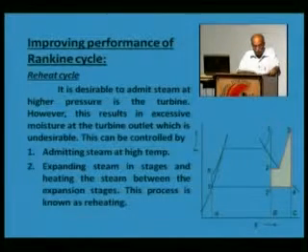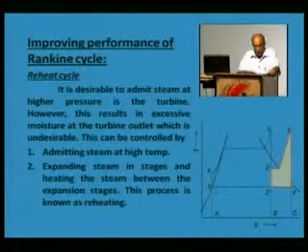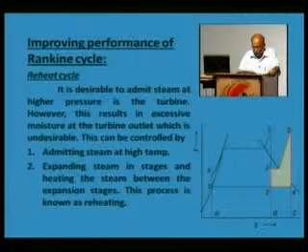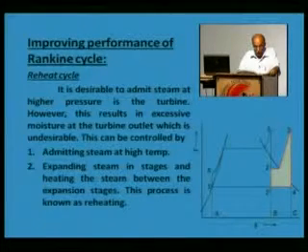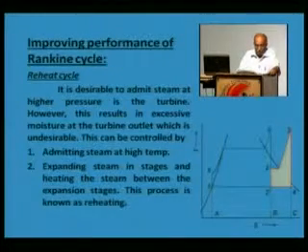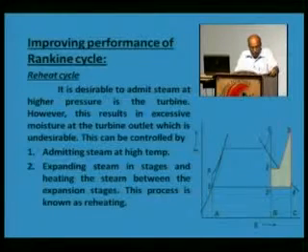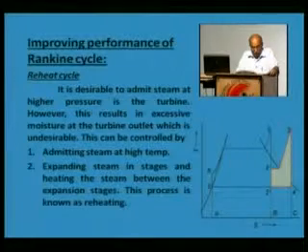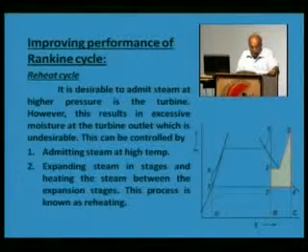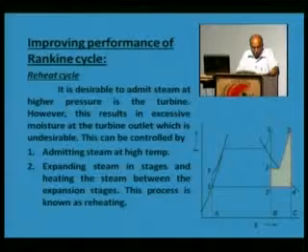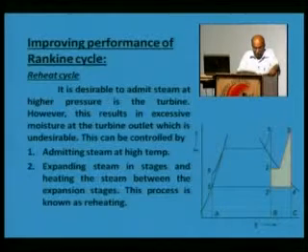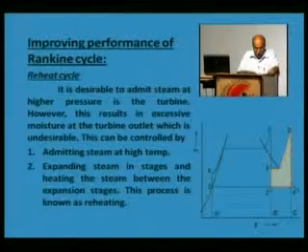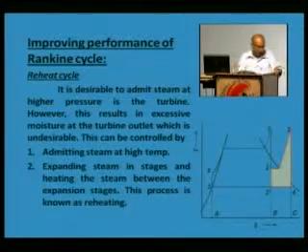However, if steam is admitted at very high pressure, that would result in low dryness fraction at outlet to the turbine, which is undesirable, and this can be controlled by admitting steam at a high temperature, and secondly tapping the steam in between the stages and expanding this steam in stages and heating the steam between the expansion stages. This process is known as reheating.